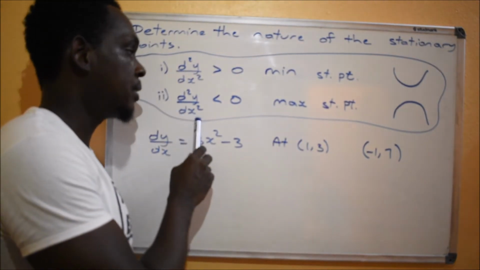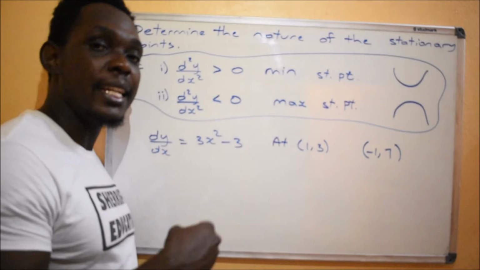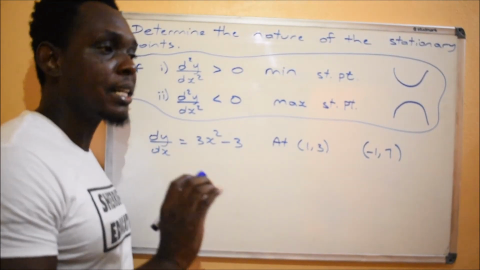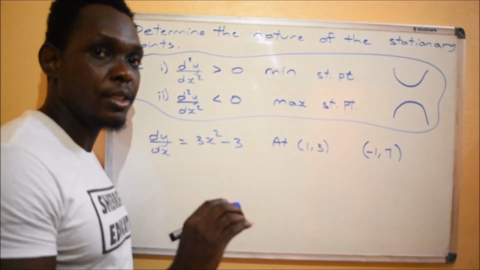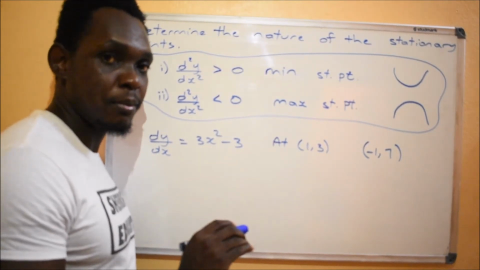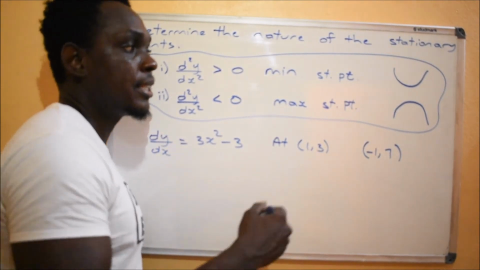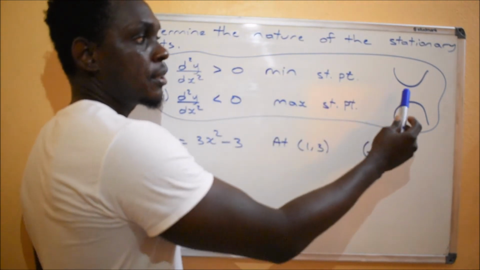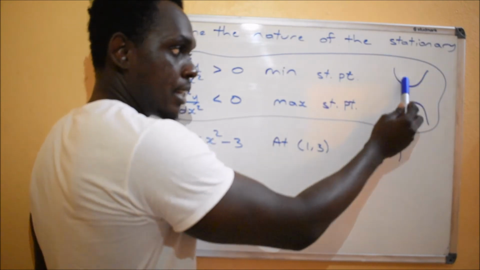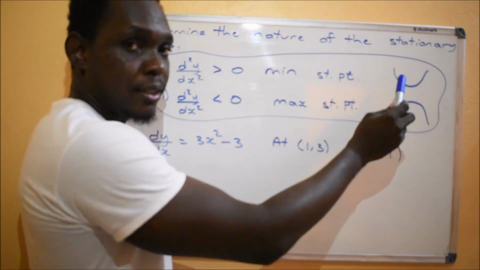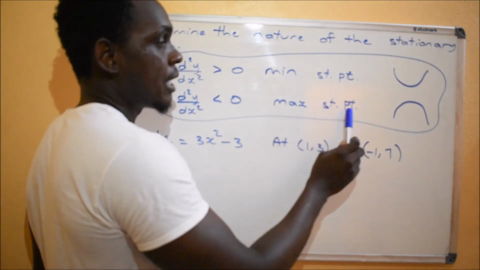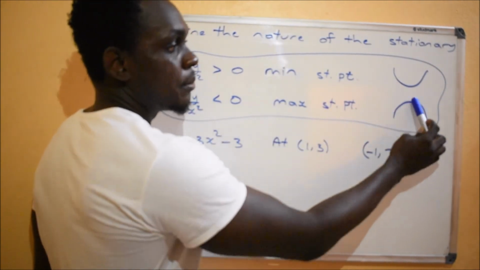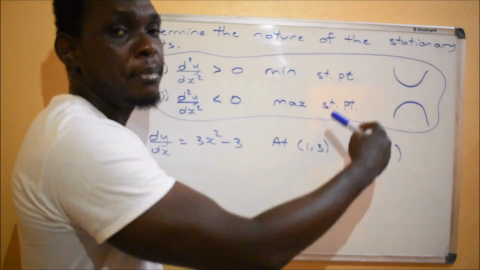If the second derivative is less than 0, so it's a negative number, then we have a maximum turning point. So if the second derivative is greater than 0, we have a shape like a valley at the turning point. And if it is a maximum, so if the second derivative is less than 0, then we have like a mountain, a peak.